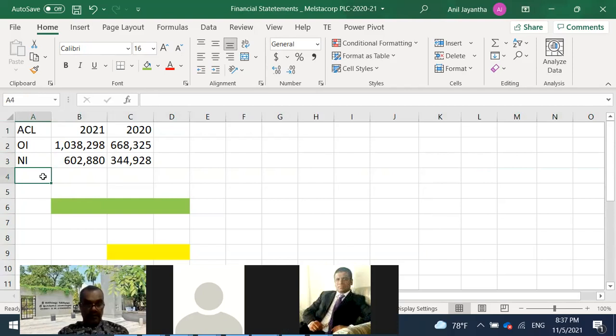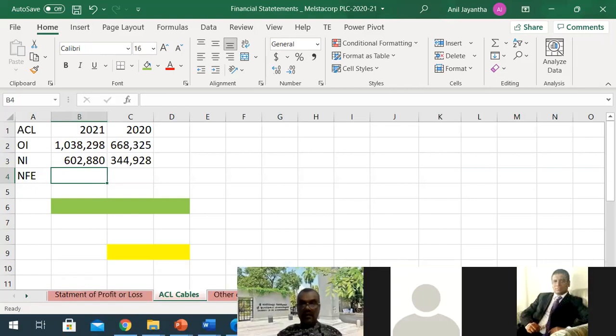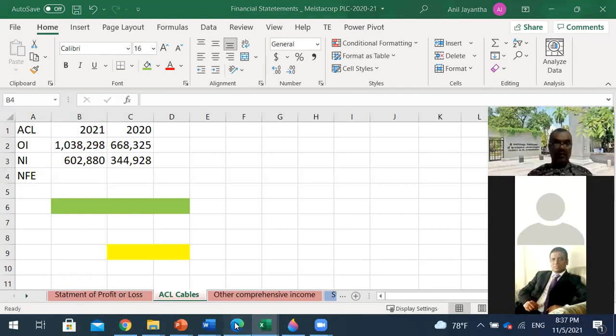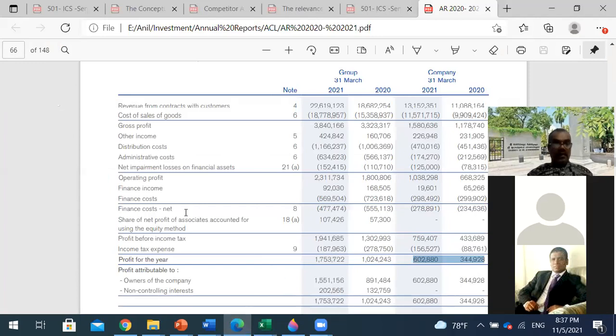Net finance expense. This is net finance cost.